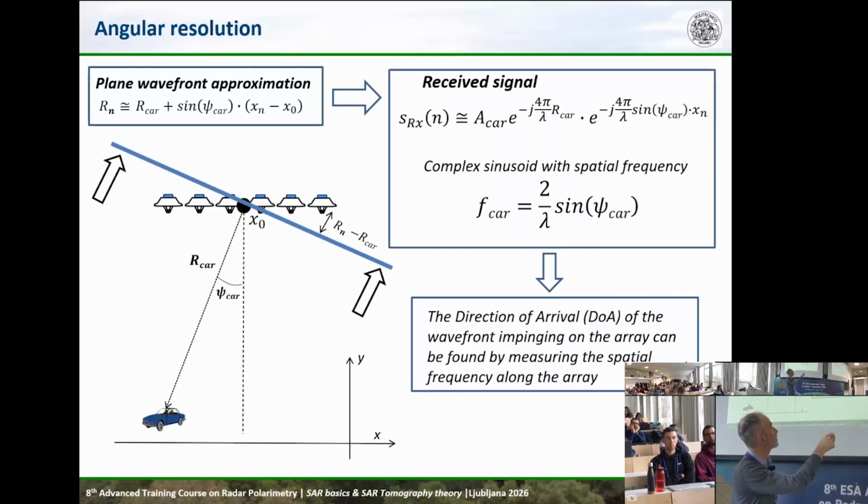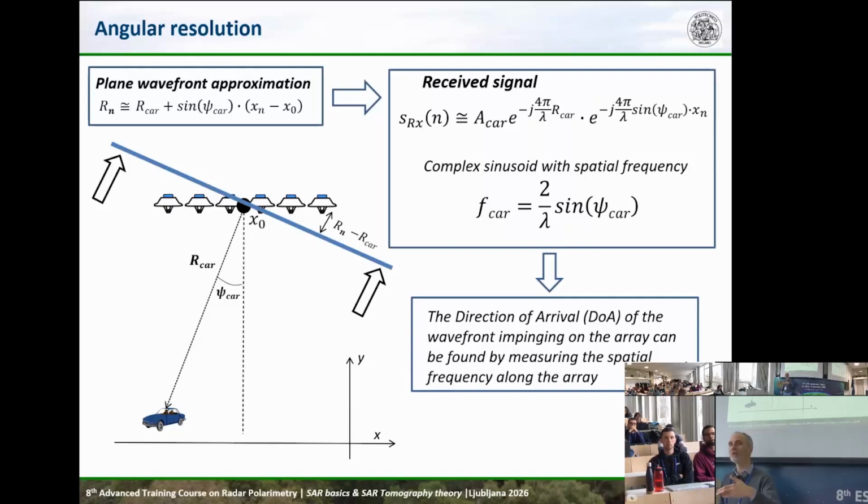This term is equivalent to say that, so if you analyze the signal as a function of space, by which I mean as a function of the position of the antenna, x0, x1, x2, and so on, you see that you can write this signal as a complex sinusoid that is not a function of time.